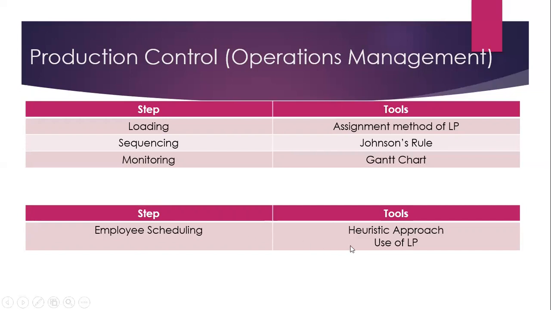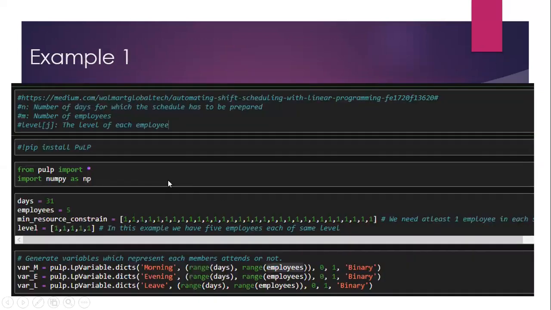We can make use of all those constraints in linear programming to make a schedule. So let us see an example. I have taken this example from this internet site, and I have improved the example. I have filled up some of the gaps which are not there on this site.